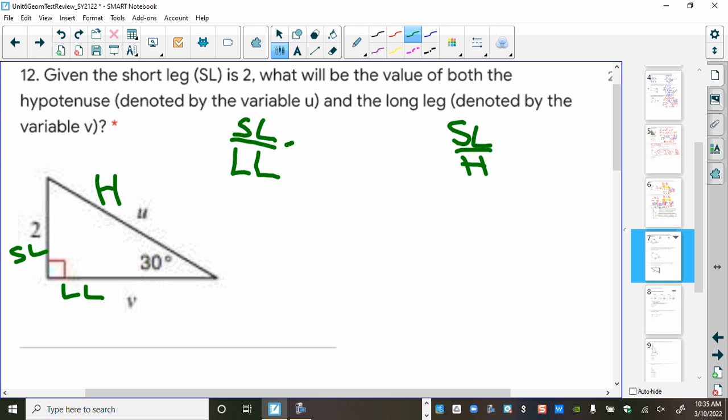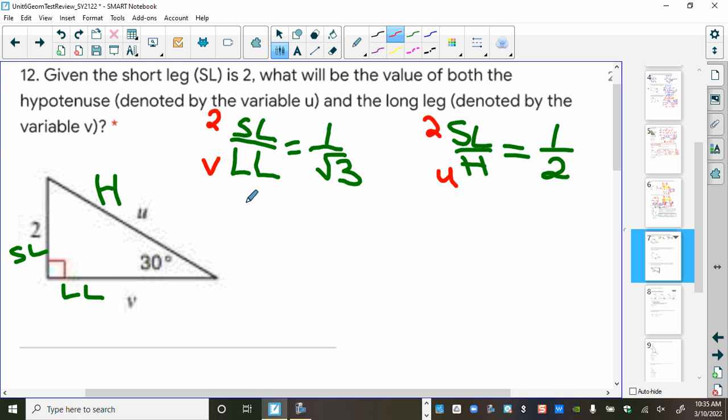Now, short leg, long leg, it's the 1 over square root 3. And then for short leg, hypotenuse, it's 1 over 2. Now the short leg in both cases is 2, long leg is V, hypotenuse is U. Now, do we have enough information to find both the long leg and the hypotenuse?